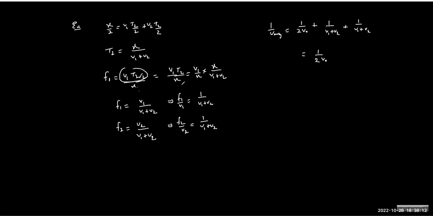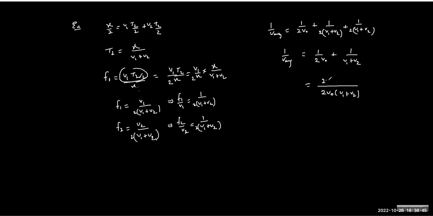So this turns out to be by 2, right? The 2 will come here. And I missed the 2 here. So the 2 will come here and the 2 will come here. What will happen? This will become, correct? Yes, sir. And you can see this is the same answer. The V average turns out to be the same.